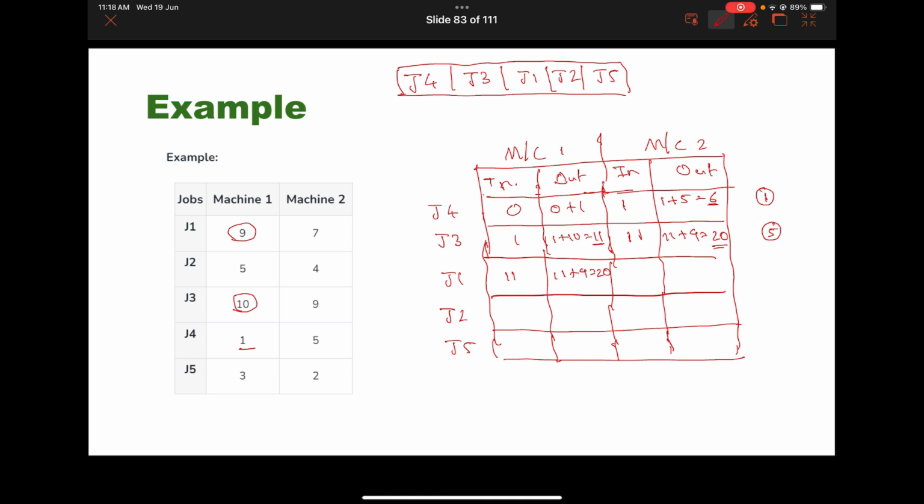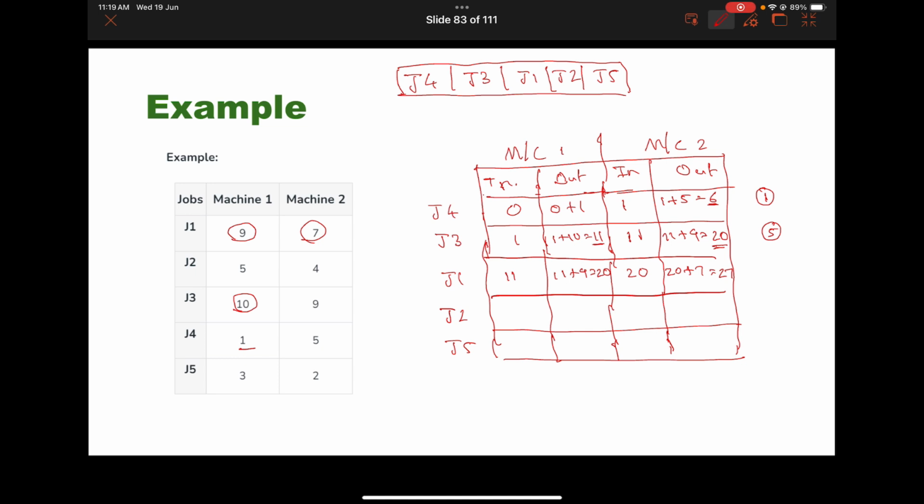And machine 2 will be free after 20 minutes, and this job J1 is completed after 20 units of time. So the starting time in machine 2 will be 20. So it will be 20 plus 7, the processing time is 7, so that is 27.